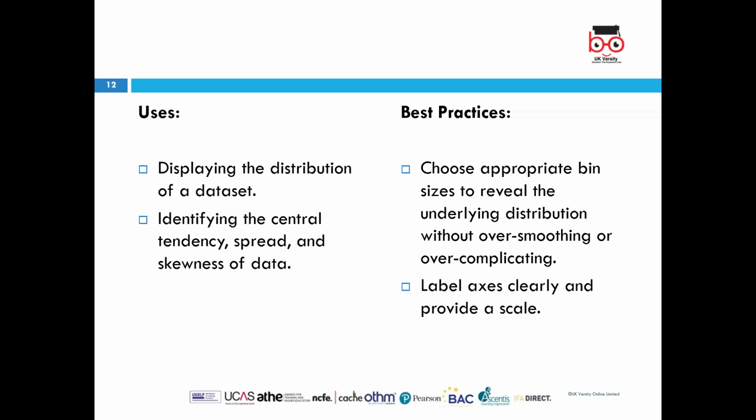Best practice, we're now going to choose appropriate bin size to reveal the underlying distribution without over smoothing or over complicating. We're also going to label axes clearly and provide the scale.